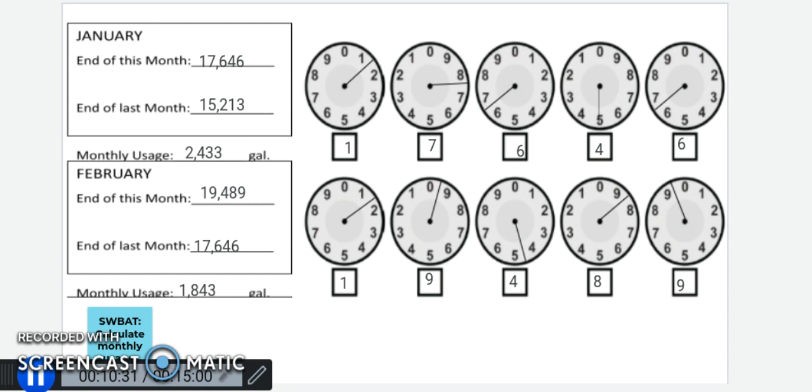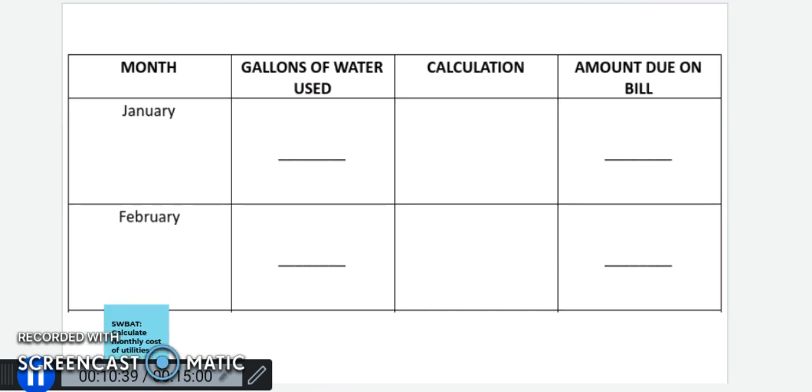Alrighty, I looked back and saw in March I used 4,846 gallons of water. I multiplied that by our 5 cents, and I got a monthly water bill of $242.30. In April, I used 4,407, multiplied that again by my 5 cents, and I got an amount due of $220.35.